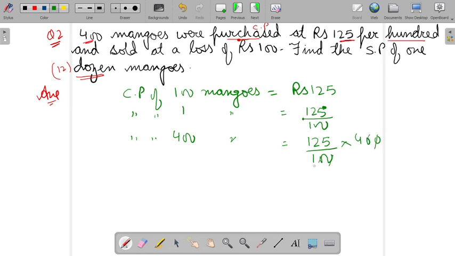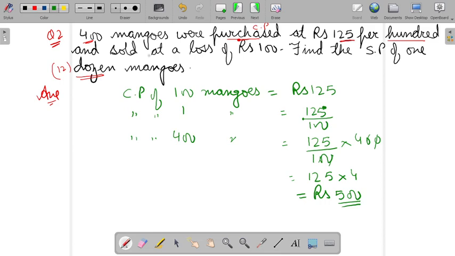Cancel it. So you will get 125 multiply 4, which is 500. So the cost price of 400 mangoes would be rupees 500.